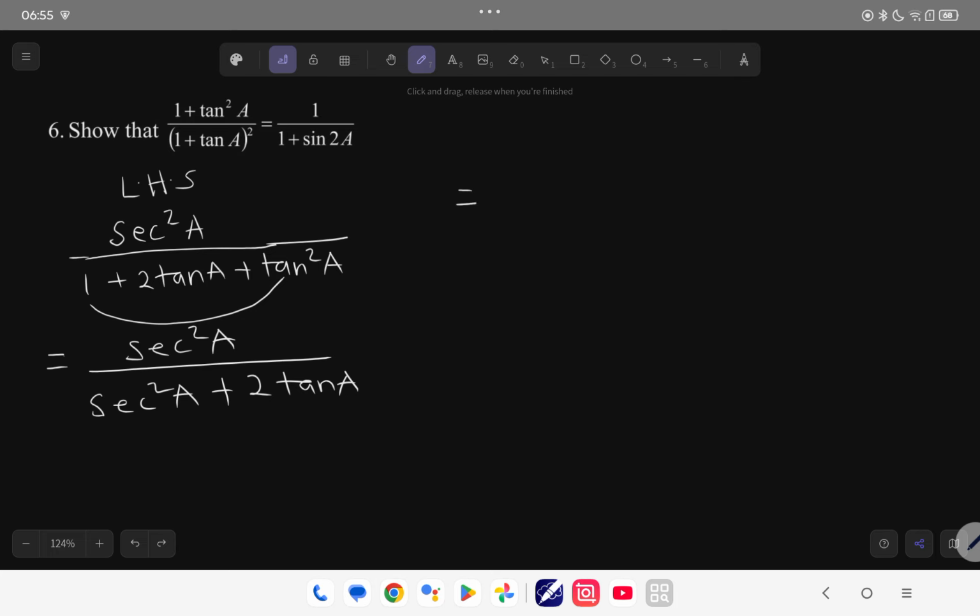Next, we are going to see that up we have a 1. So to create a 1, we shall divide through by sec squared a. Dividing by sec squared a, 1 over sec is cos.